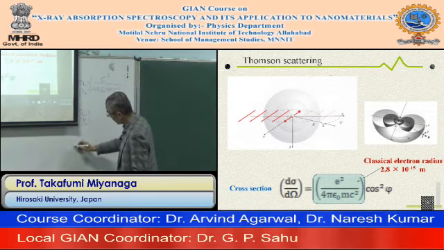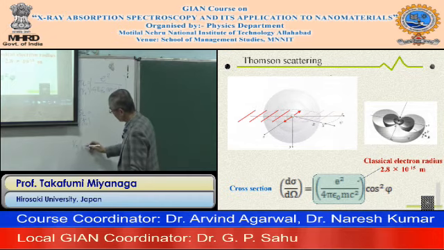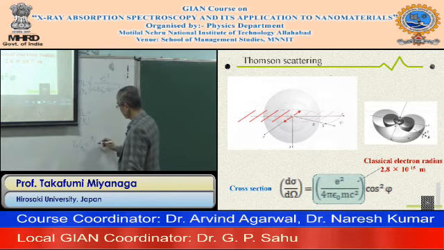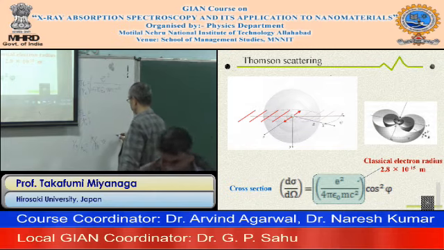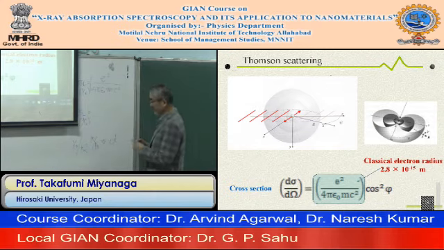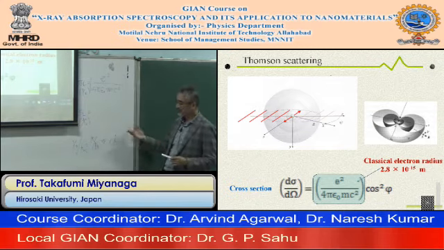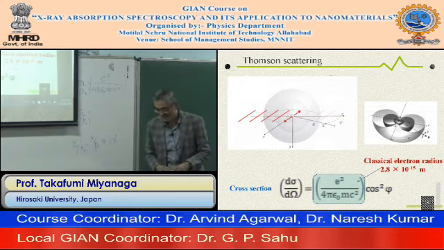And R0, lambda c, and lambda c or Bohr radius should be alpha. Check whether it should be alpha or alpha inverse. I don't know. Interesting result. Nobody knows.